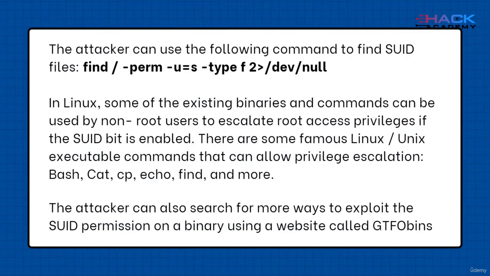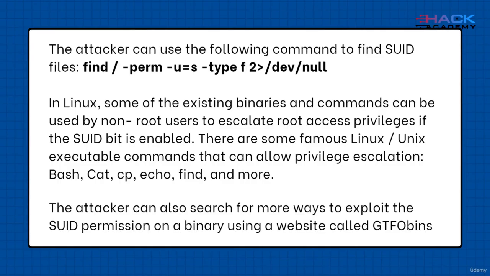The attacker can use the following command to find SUID files. We will talk about this command more in future lectures. In Linux, some of the existing binaries and commands can be used by non-root users to escalate root access privileges if the SUID bit is enabled. There are some famous Linux/Unix executable commands that can allow privilege escalation.